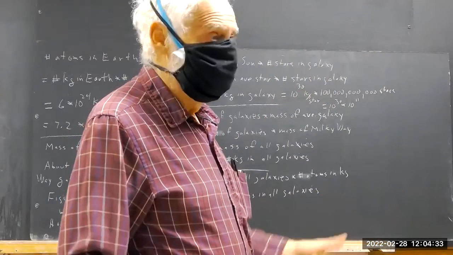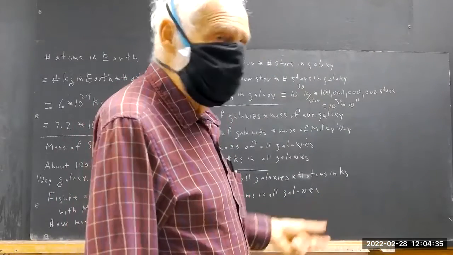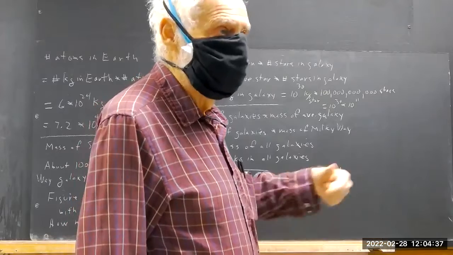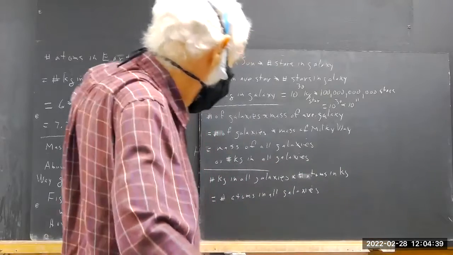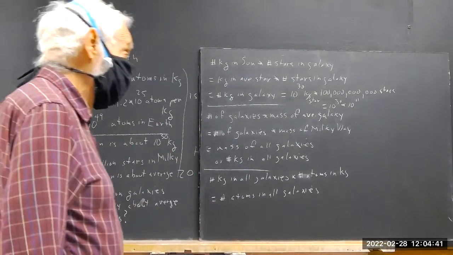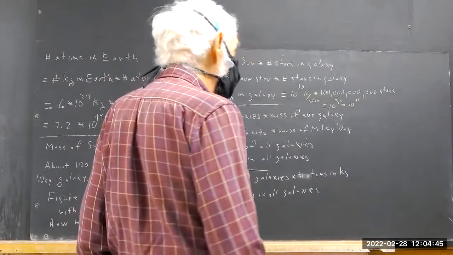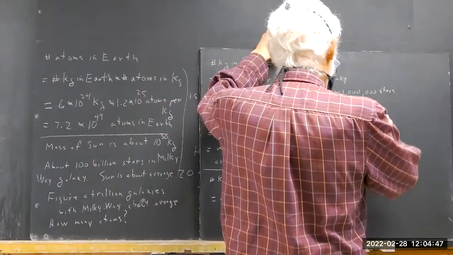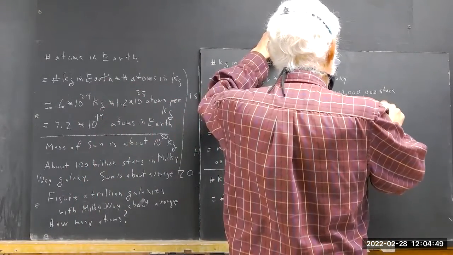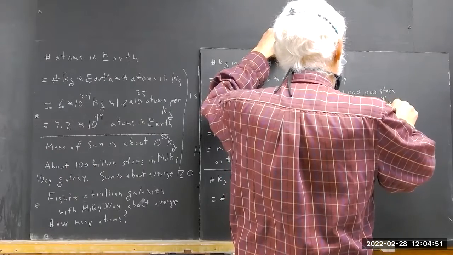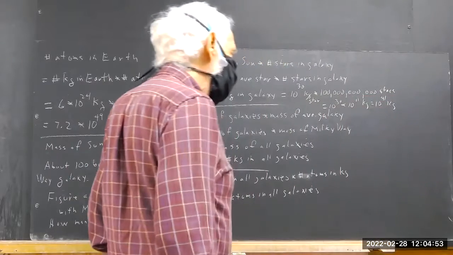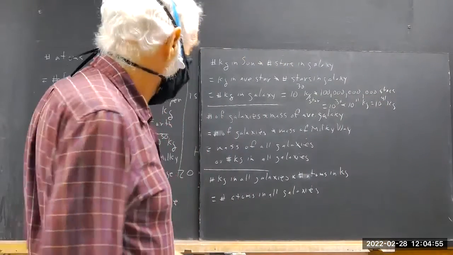After that you can name them quadrillion, quintillion, sextillion, septillion, nonillion, decillion, all that stuff, but just use powers of 10. Now you've got 10 to the 41st kilograms.